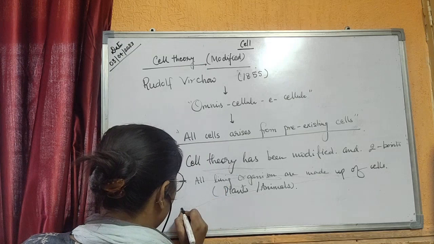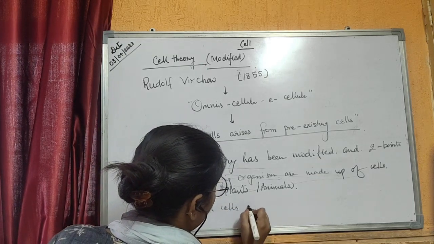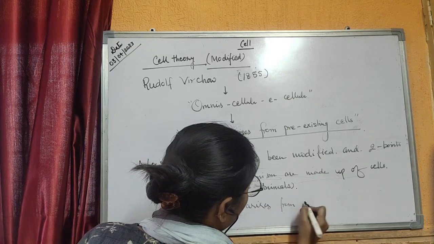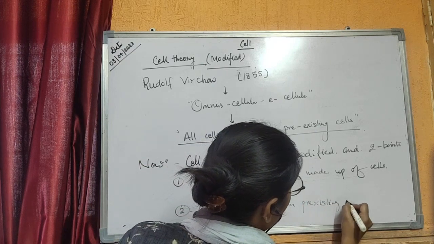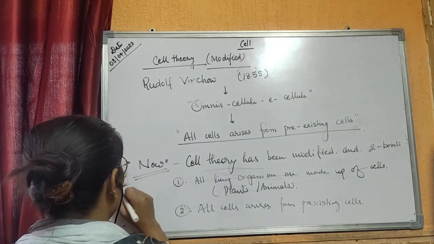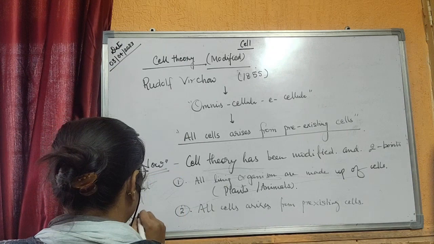And the second point is that all cells arise from pre-existing cells. This is the modern cell theory.